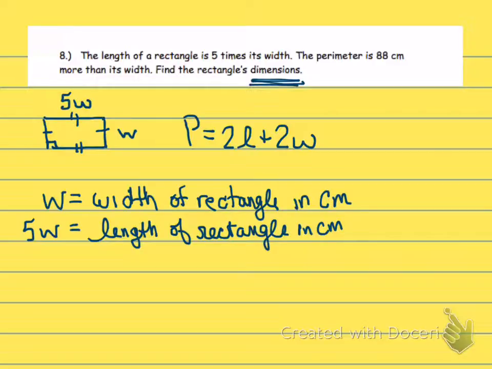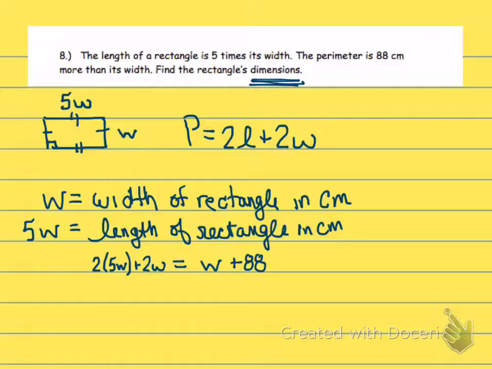So perimeter can be represented as 2L plus 2W, but of course I don't want two variables in my equation. So instead of 2L, I want 2 times what the length is, which is 5W. So that's my perimeter. And the perimeter is, that's my equals, 88 centimeters more than. So I'm adding 88 centimeters to something. And it's 88 centimeters more than the width. So that's 88 more than W.